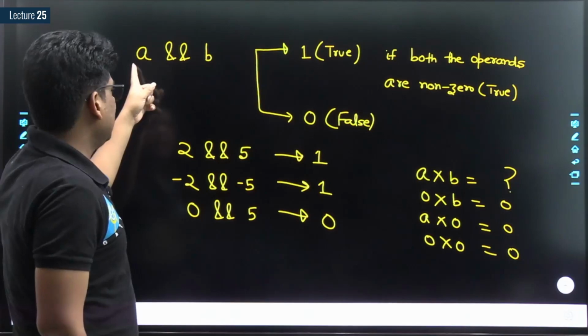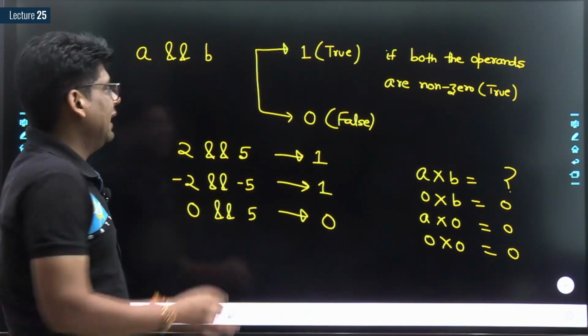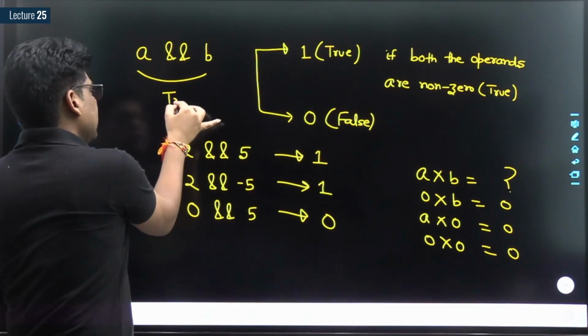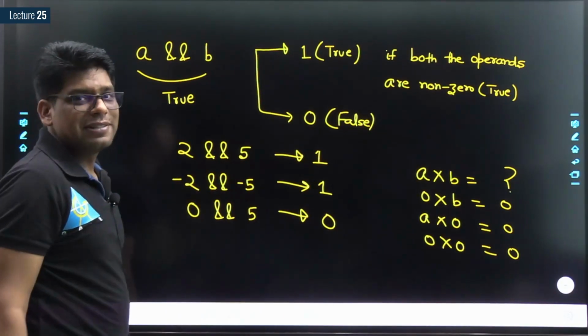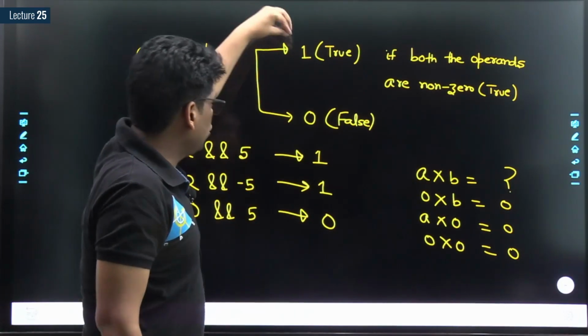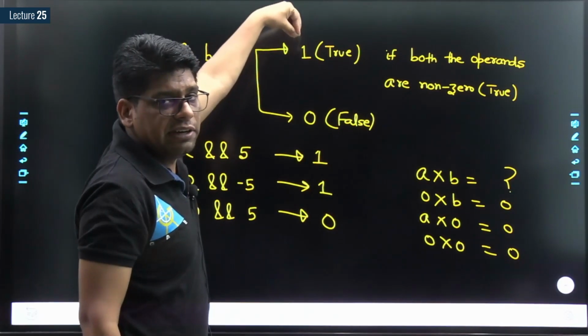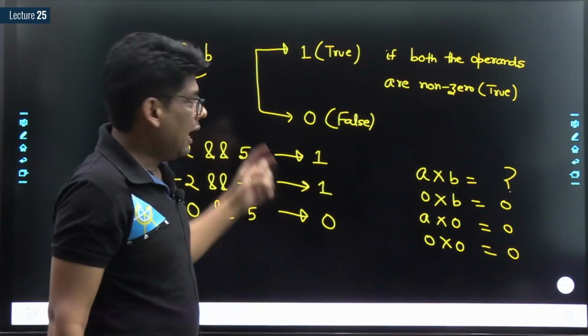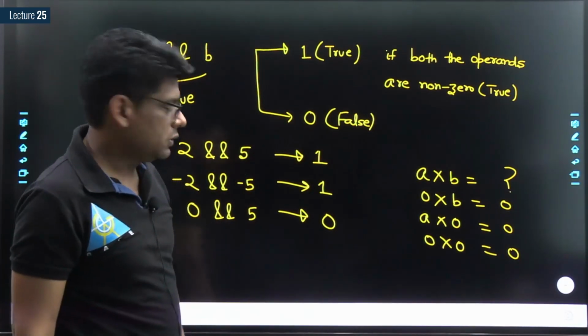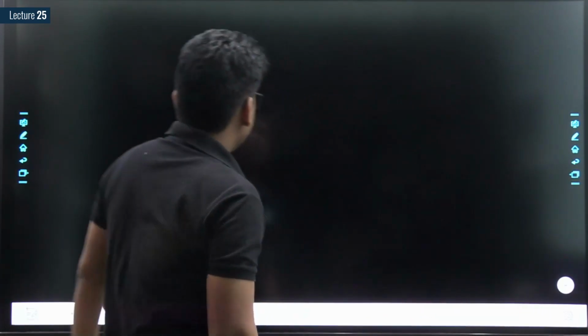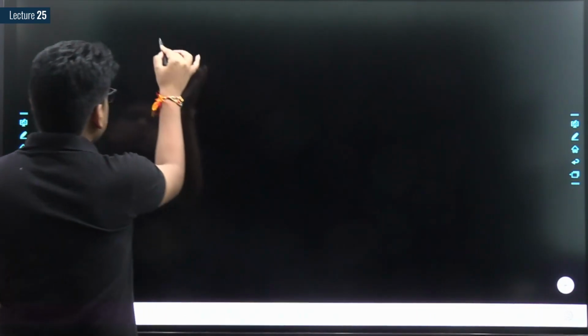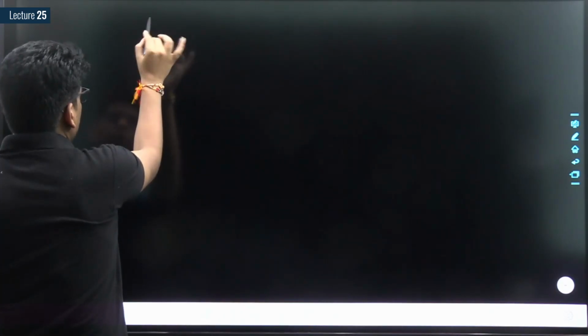If A is non-zero and B is non-zero, then this whole statement is true. What is the meaning of true? That means the output or value associated with this operation is 1. Otherwise, it is false. Done, sir? What about the OR operator?